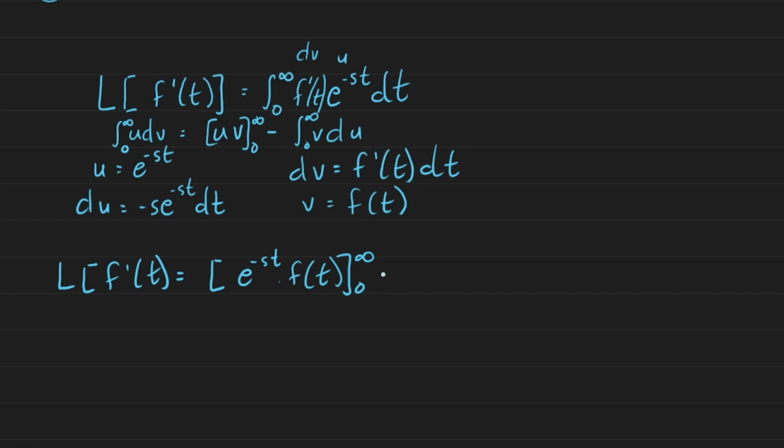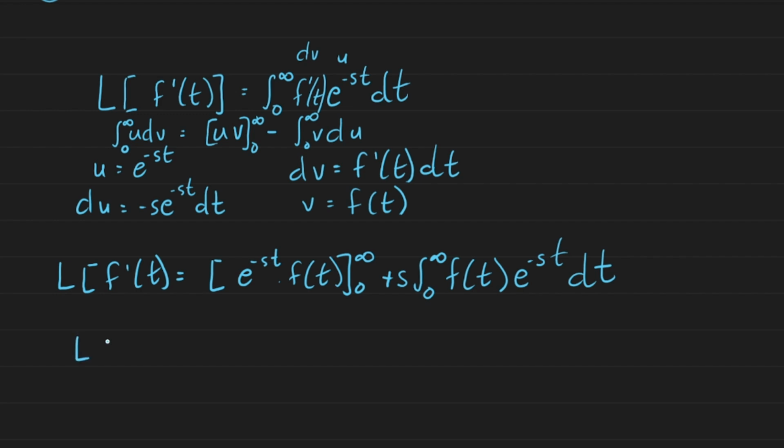And then we have minus the integral from 0 to infinity of v du, so v is f of t, and we are multiplying this by du, so that's times minus s e to the minus st. The minus here is going to give us a plus. And this s, I'll just write outside of the integral since it's a constant. Then we have what's left, which is e to the minus st dt.